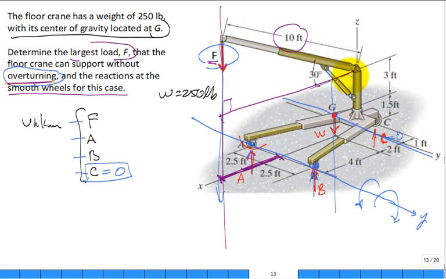So what is this distance right here? 10 foot times cos of 30. And that was from the origin, and we know that 6 foot is to get to this line. So this distance right here is 10 cos 30 minus 6 foot. A little bit of work, right? But that's our moment arm distance for the force F.